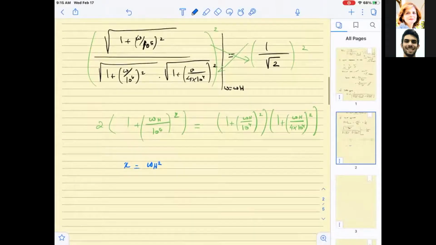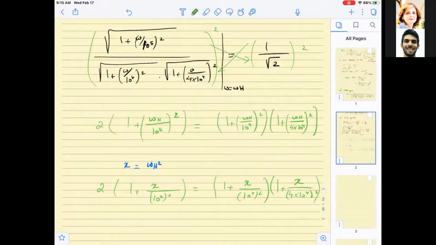Okay, so we end up getting the following: 2 into 1 plus x over 10 to the 5 squared is equal to 1 plus x over 10 to the 4 squared into 1 plus x over 4 times 10 to the 4 squared. And therefore accordingly we have, what is the degree in x in this example?